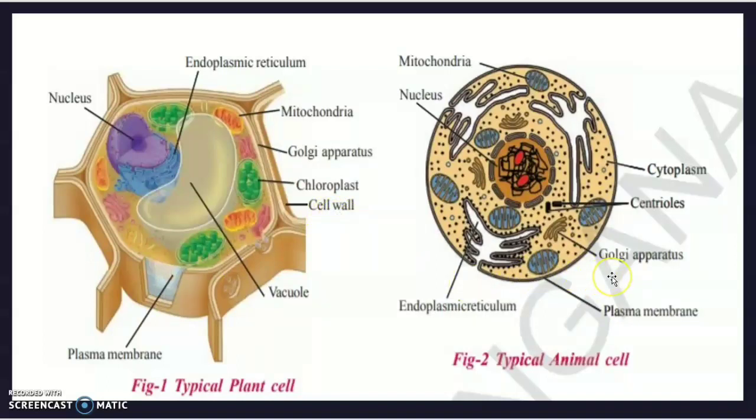Here there is no cell wall. The green color structures in this plant cell are chloroplasts. But in this cell there are no chloroplasts. Another difference, the centrioles are located in this cell, but there are no centrioles here. These are the main differences between plant and animal cell. Keep in mind and write it down in your notebook. Okay.